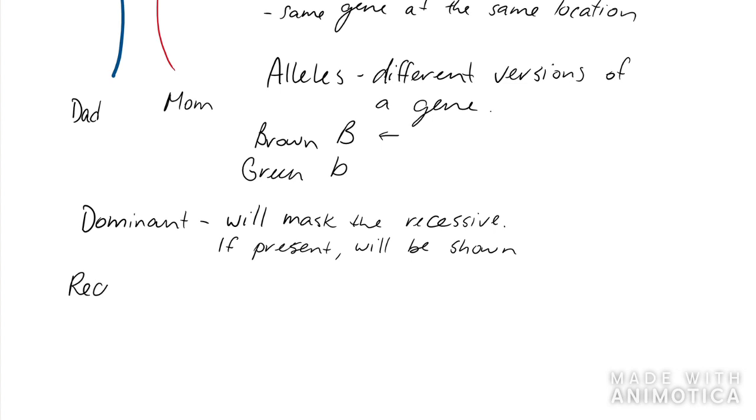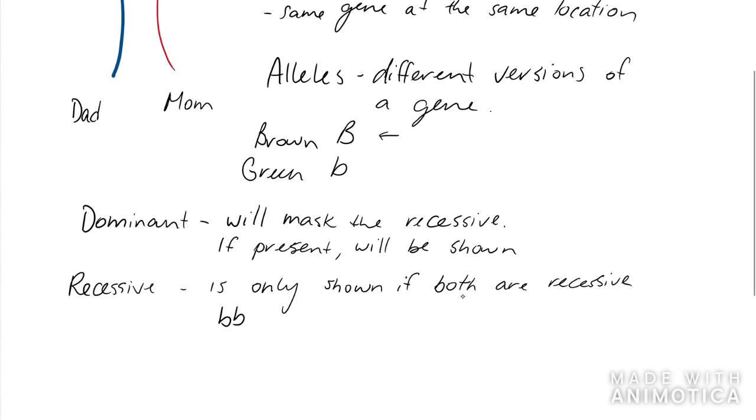Recessive, on the other hand, is only shown if there are two of them. So this would only be shown if there's two little b's, whereas dominant would be shown if there's a big B, or a big B, little b.